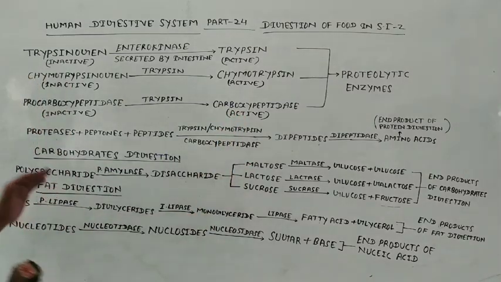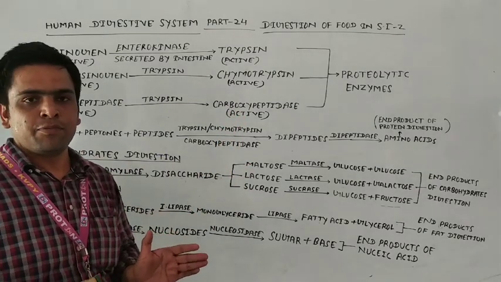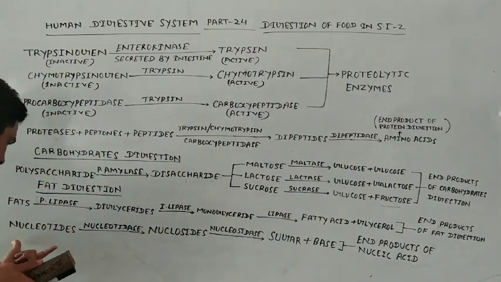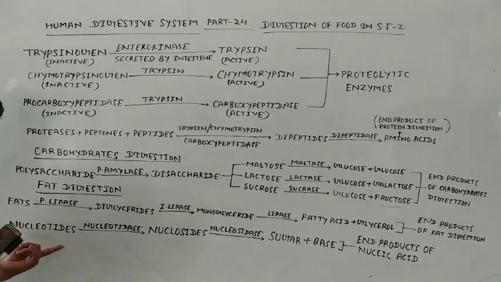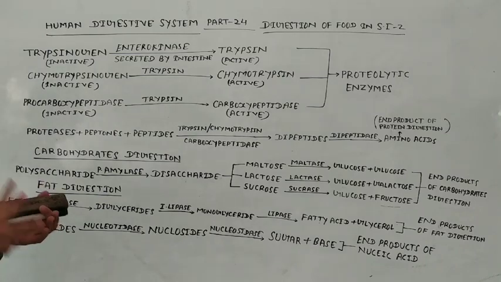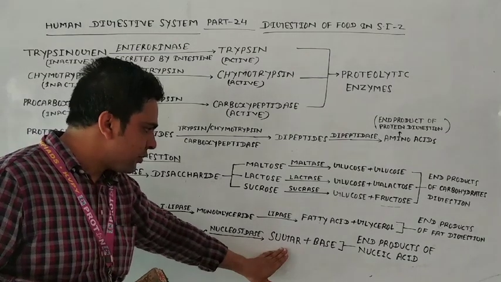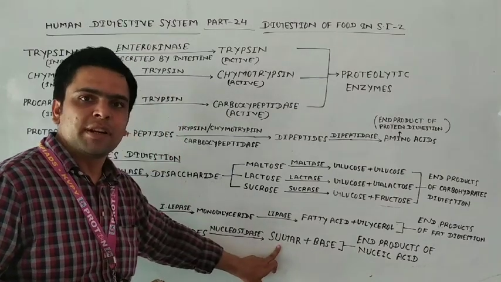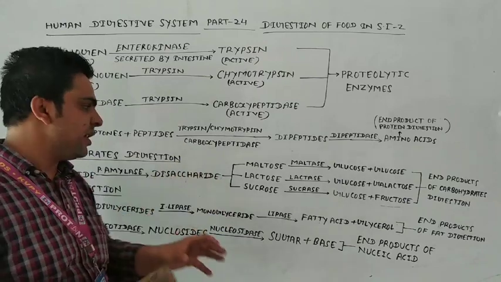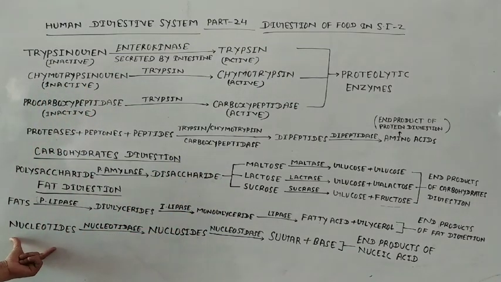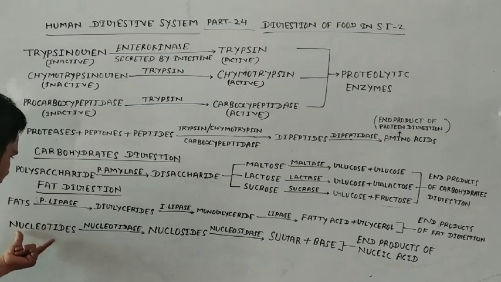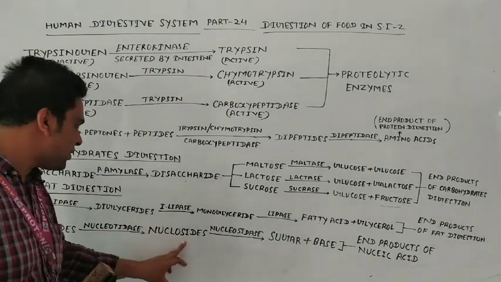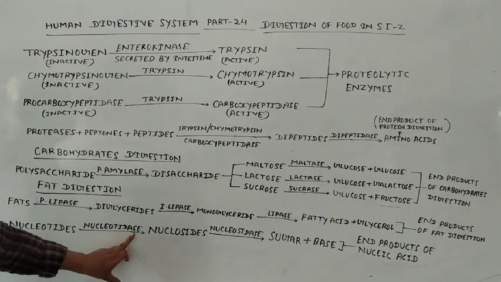If we talk about the digestion of nucleic acids, students, the major units of nucleic acids are nucleotides. Nucleotides have three major units: pentose sugar, nitrogenous base, and phosphate group. These nucleotides are converted into nucleosides in the presence of the enzyme nucleotidase.